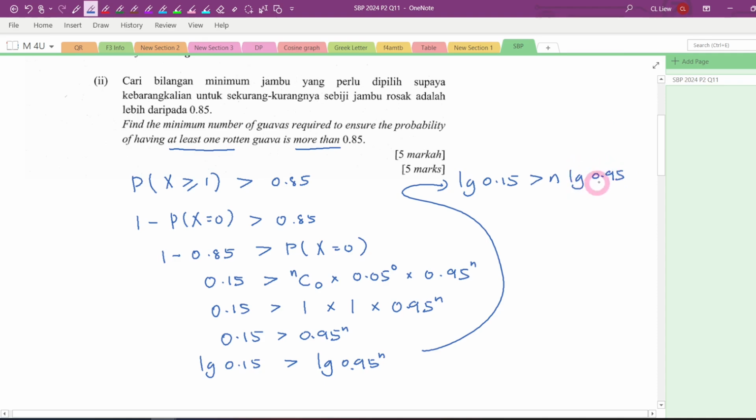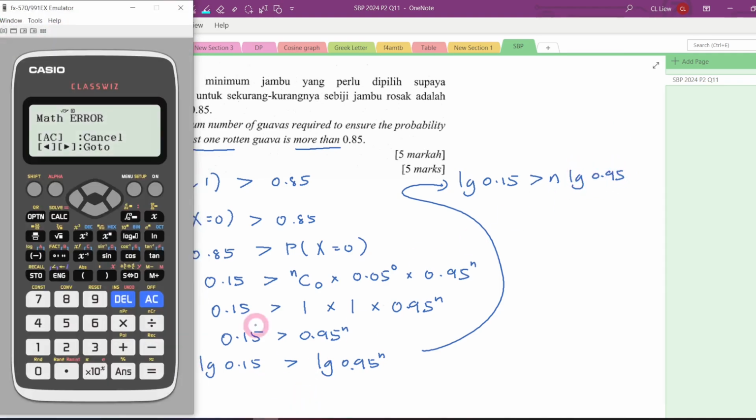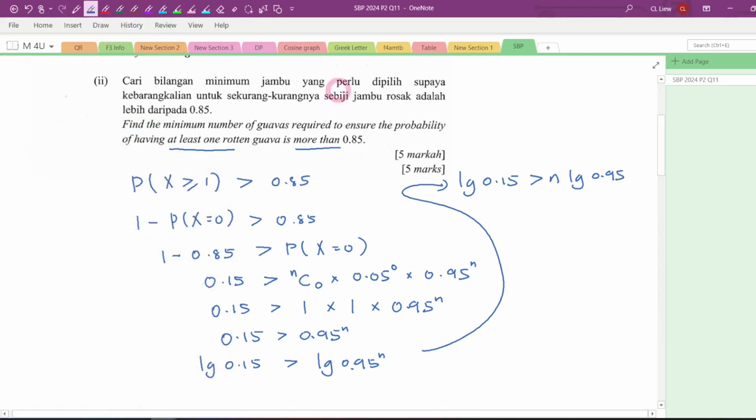This is actually a negative number. You can press your calculator, log 0.95. This is actually a negative number. So if you move this over there, log 0.15 divided by log 0.95, you have to change this inequality sign.